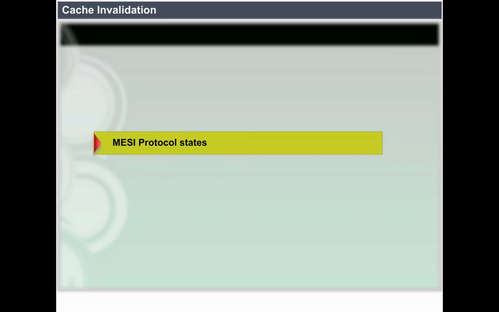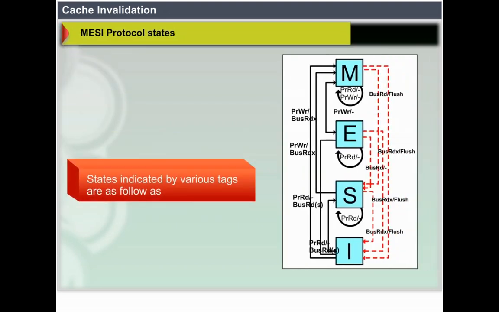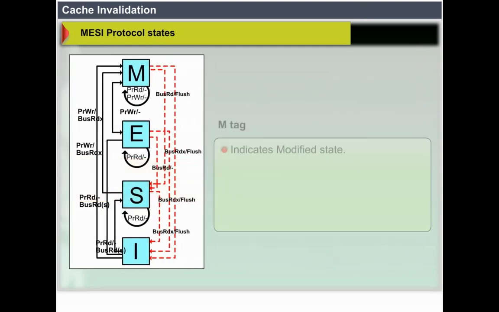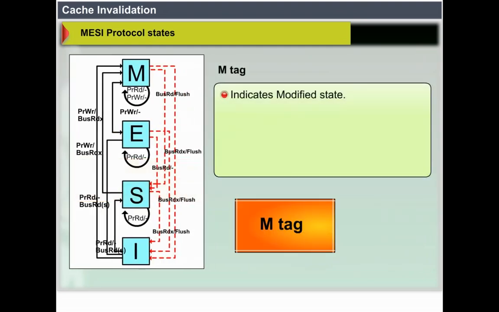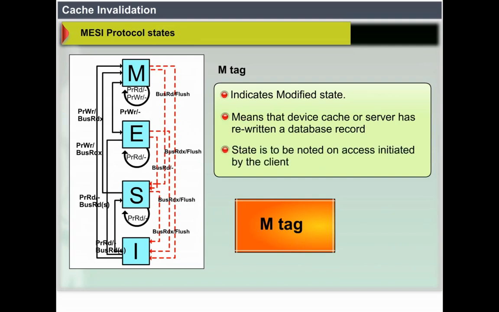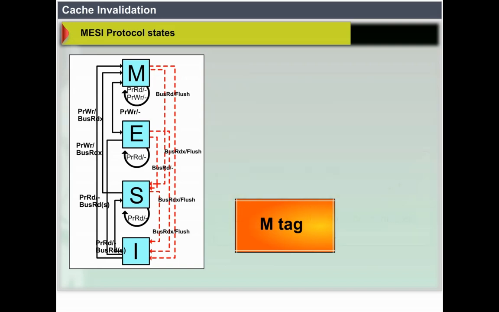MESI protocol state. States indicated by various tags are as follows. M tag indicates modified state. Means that device cache or server has rewritten a database record. State is to be noted on access initiated by the client.